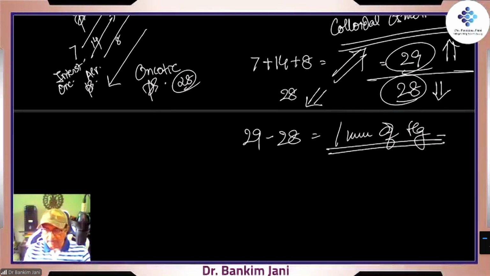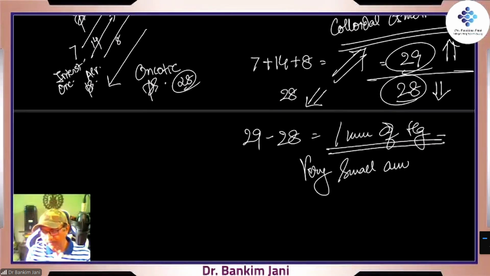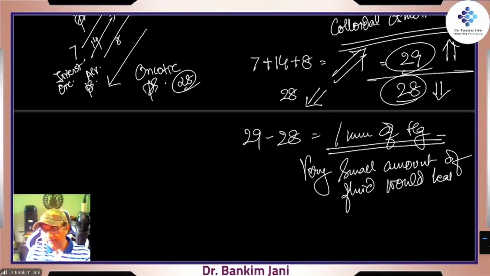Very less pressure. But pressure is pressure, whatever we say. So this 1 mm of pressure will lead to what? A very, very small amount of fluid would leak. Actually, from where will it be leaking?